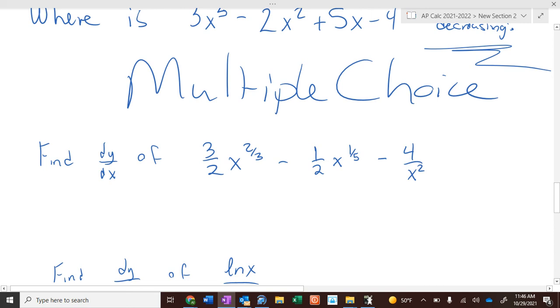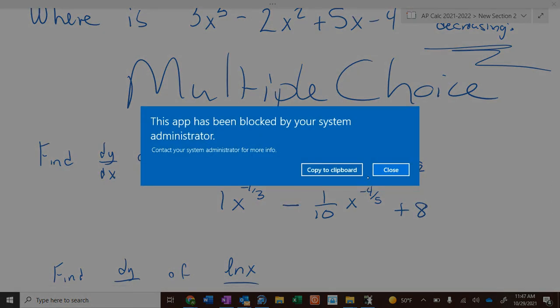It's just x to the -1/3, minus 1 over 10 x to the -4/5, minus 8 plus 8 to the -3rd.